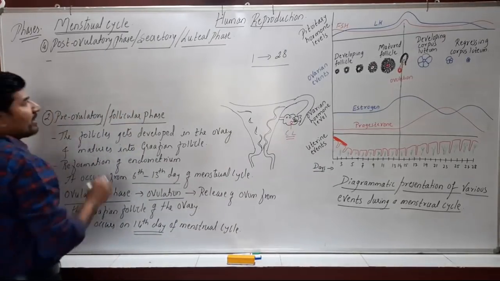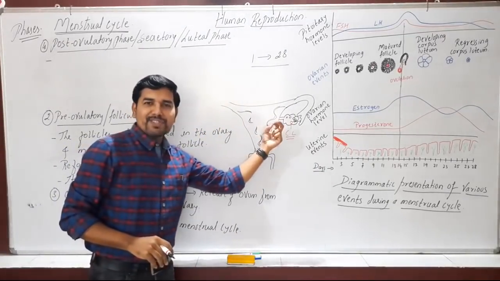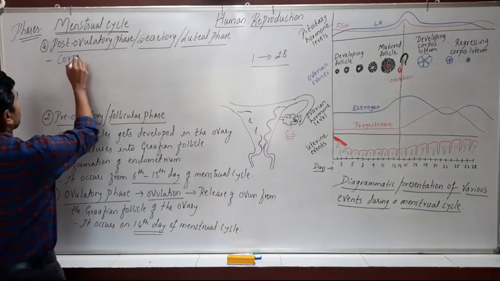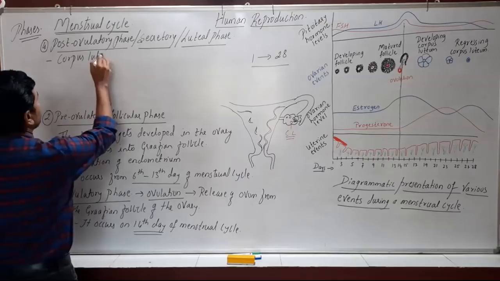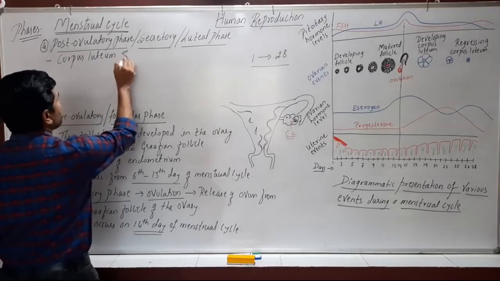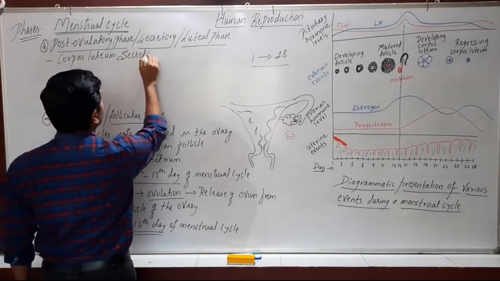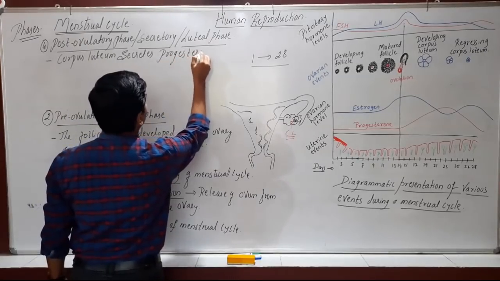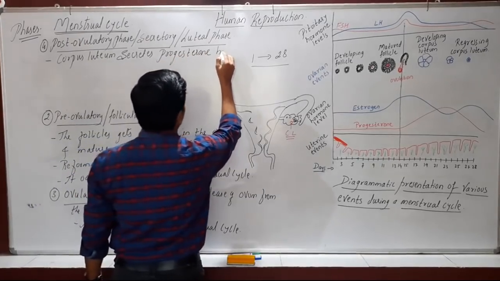In the post-ovulatory phase, the corpus luteum starts to secrete progesterone hormone.